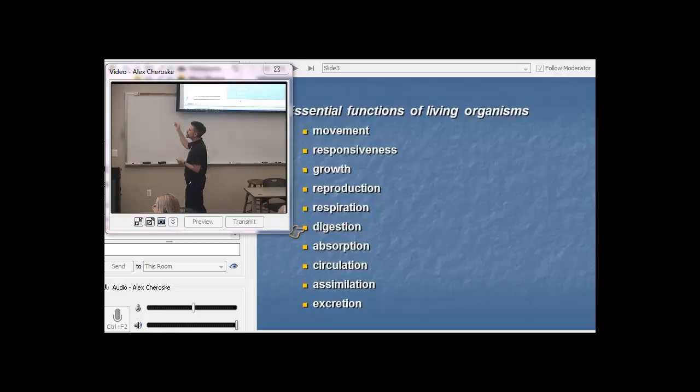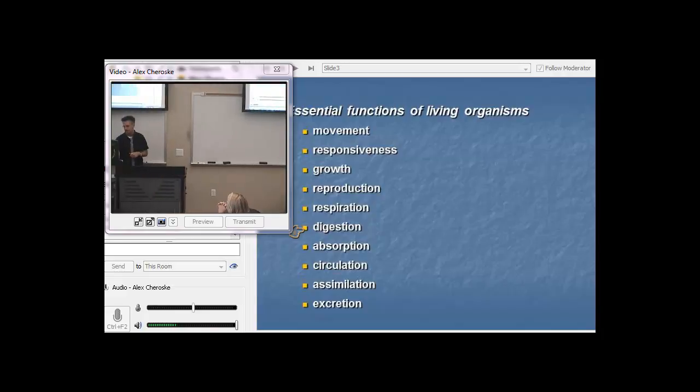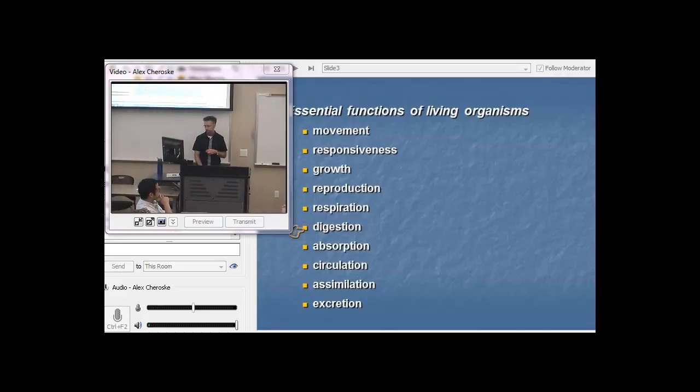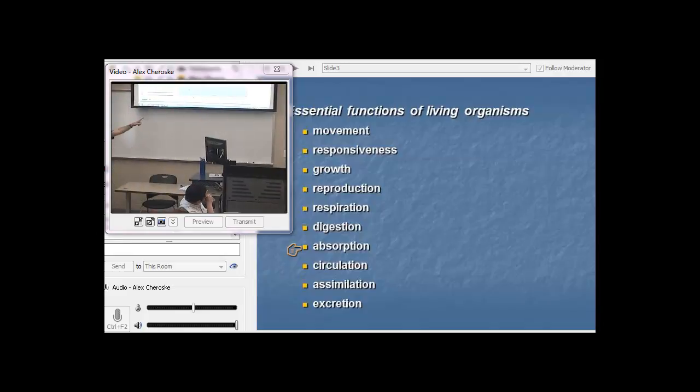So our digestive system and digestion overall for a living thing is about taking nutrients and being able to synthesize things that we need. So absorption is also important, and that just means that we're going to get these things that we need, like oxygen and nutrients, etc., and we've got to be able to get them inside of us or inside of the cells, right?